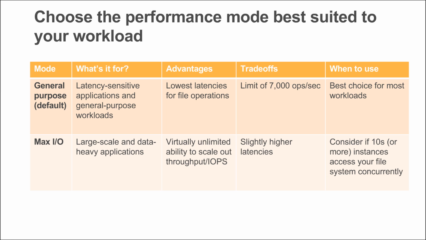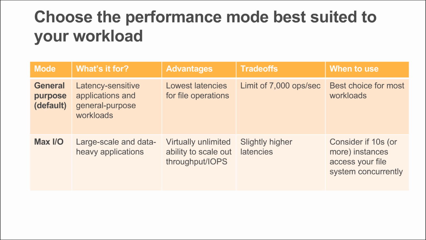And what general purpose mode is, it's a mode that's optimized for the lowest possible latencies for your file operations. So relative to our other performance mode, which we call max I/O mode, you get the lowest possible per operation latency when you're in general purpose mode. The trade-off is that you're limited to 7,000 operations per second when you're in general purpose mode.